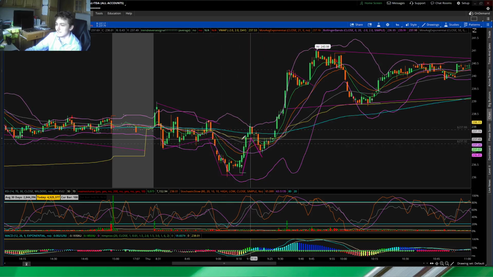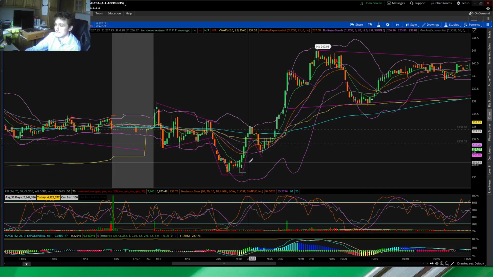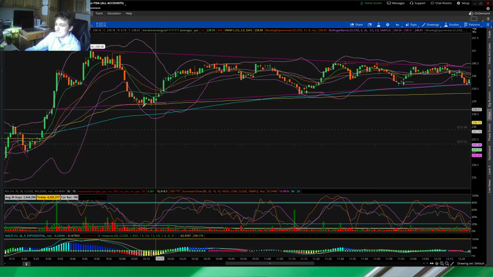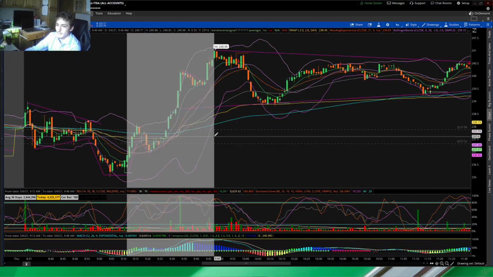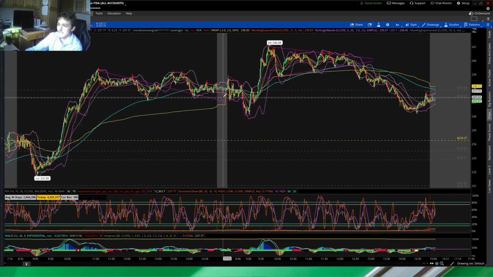I'm like, okay, look at that. And see how tight this got with all these little hammers and dojis. Holy cow, man, this was just a great day to catch some nice trades on.